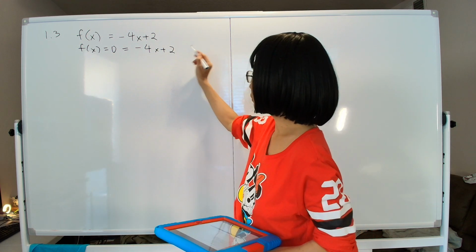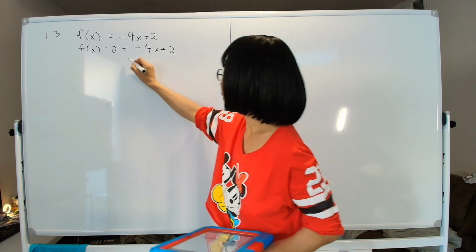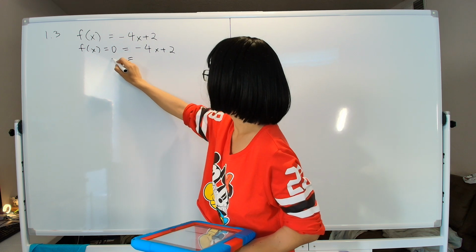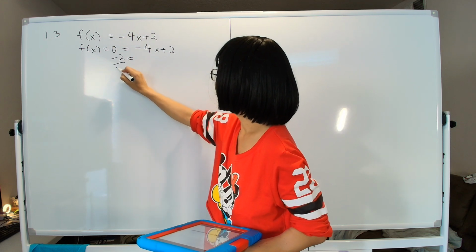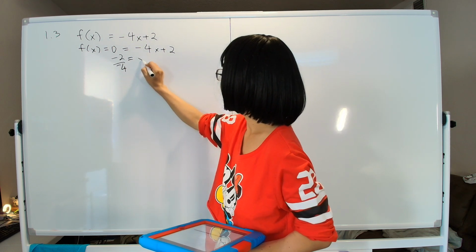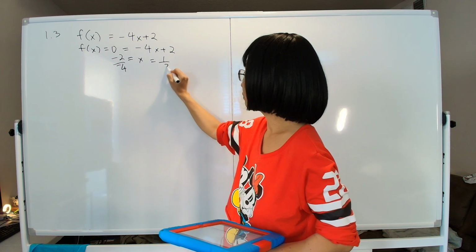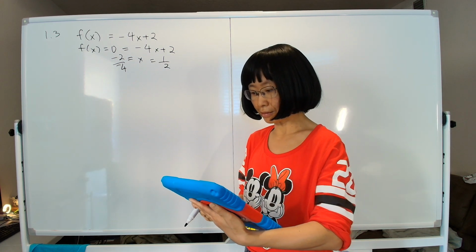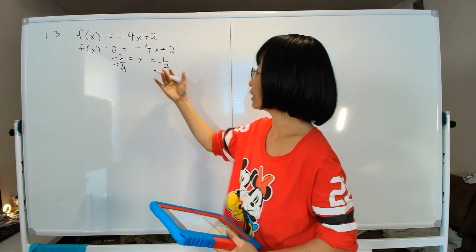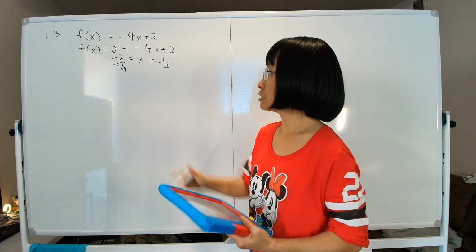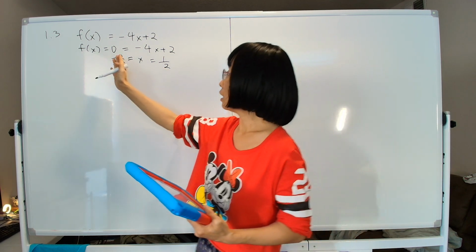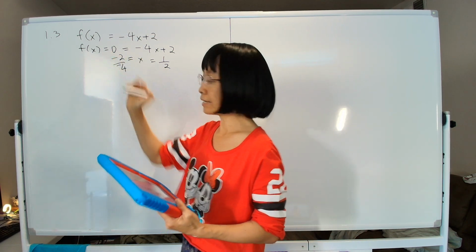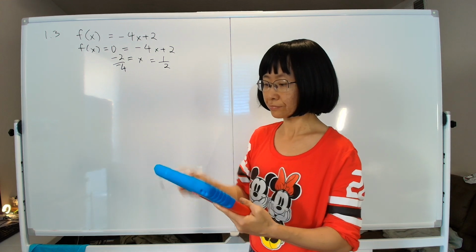Now you do your algebra and beat it around until you come up with something like minus 2 divided by minus 4 equal to x, which is 1/2. And let's check our answer. Yes, that's right. So if x is 1/2, y will be equal to 0.